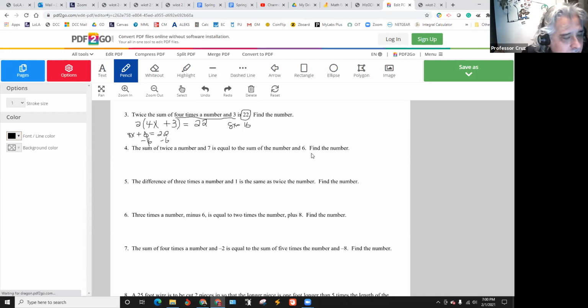Does that look good? X equal to? Yep. X is equal to 2. And you can kind of check it back over here. 2 times 4 is 8. 8 plus 3 is 11. 11 times 2 is 22. So that's it.